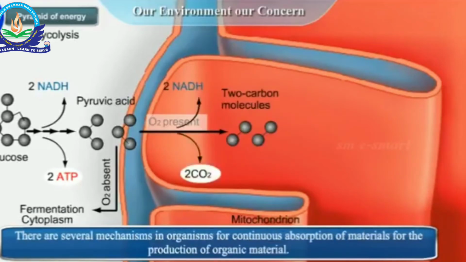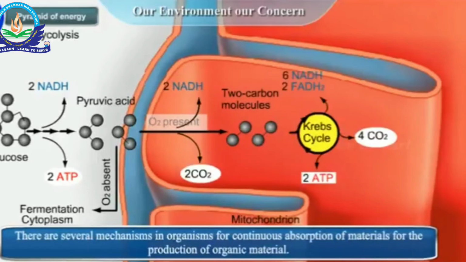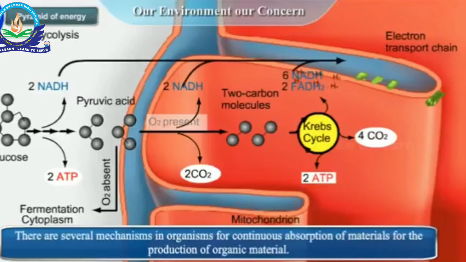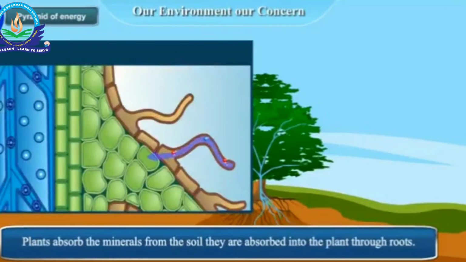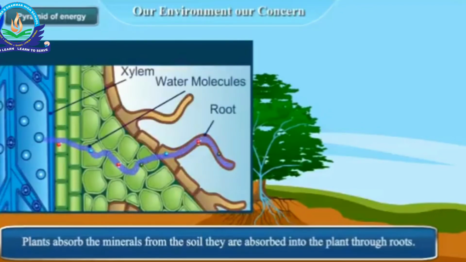There are several mechanisms in organisms for continuous absorption of materials for the production of organic material. Plants absorb the materials from the soil. They are absorbed into the plants through roots.